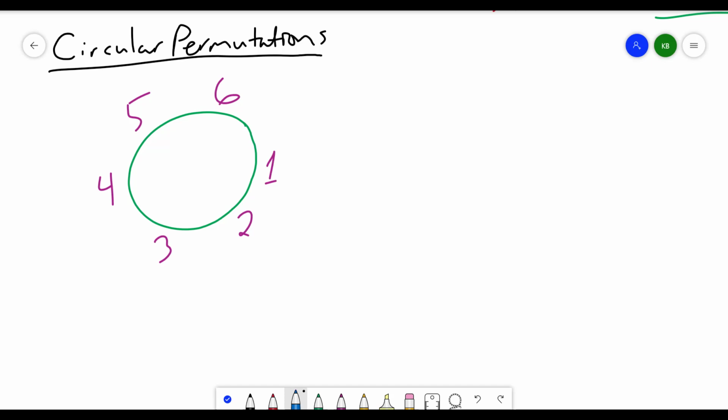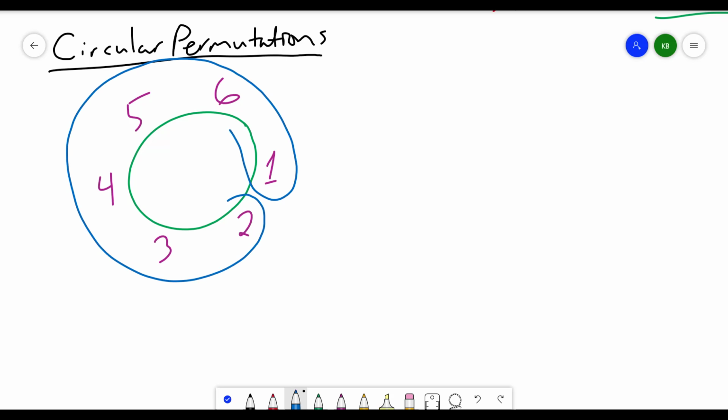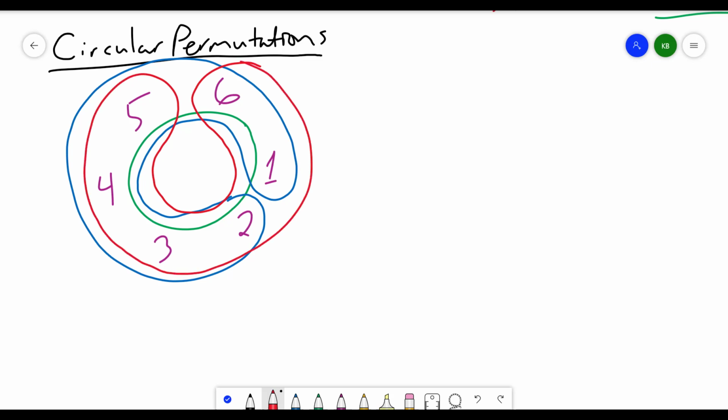So in this case, a permutation that I would read as 2, 3, 4, 5, 6, 1 is actually the same as a permutation that I would read as 6, 1, 2, 3, 4, 5. So when we put the numbers around a circle, if they look like they're in the same order around the circle, regardless of where we start and stop our reading, we don't want those to be different permutations. We want to see this as the same table setting.